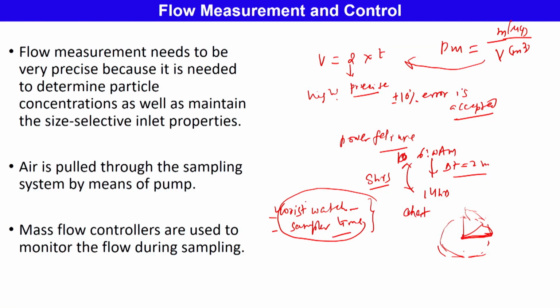You note this down, and then you note down the sampling time. Sampling time is usually given in meter cube, or sometimes the reading is directly given in meter cube, sometimes in hours. So you can calculate with this. This kind of thing is very advantageous, because if the power is off, then you can get that.